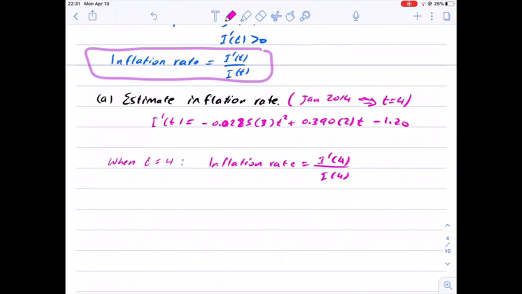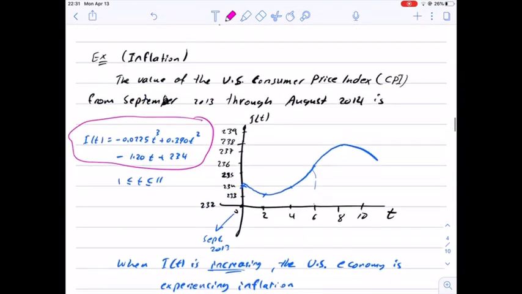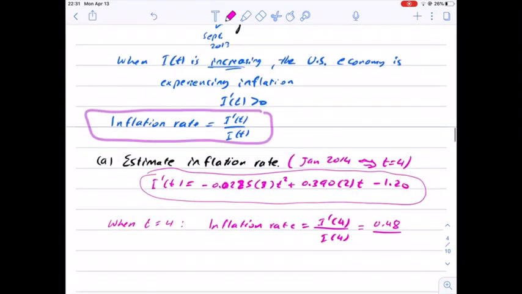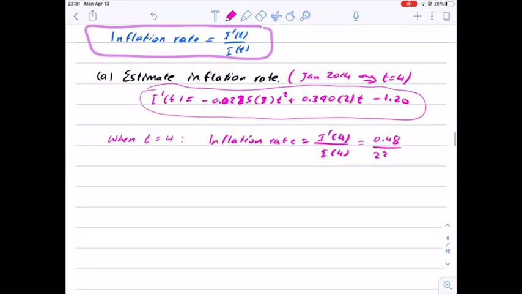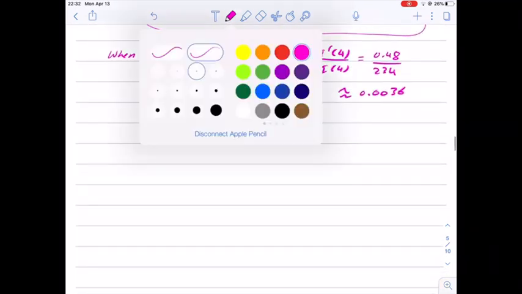When we plug these values here, we obtain 0.48 by substituting 4 here, and divide by I of 4. We need to substitute 4 here, and that gives us 234, and the answer can be approximated as 0.0036. This is the inflation rate.